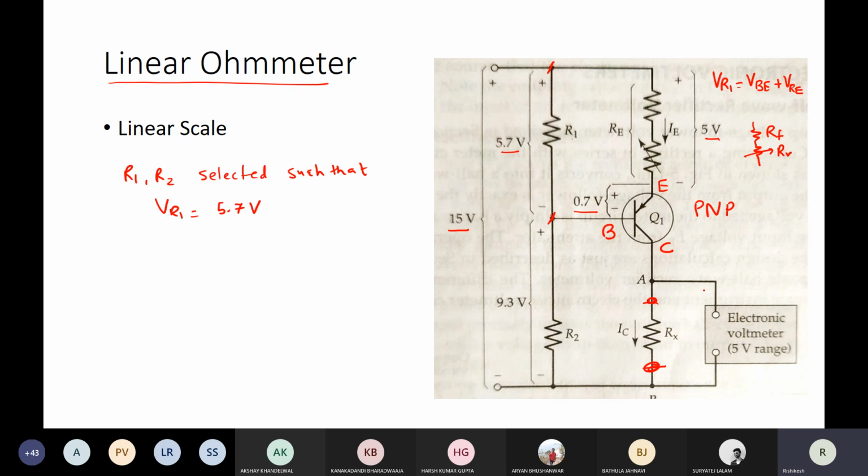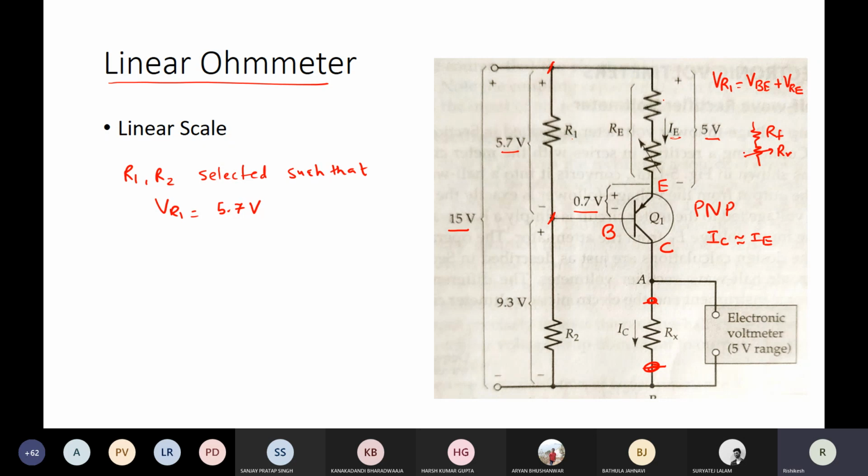Okay, now we also utilize the fact here that IC is almost equal to IE, which is true in the case of transistor circuits. Right, now since these resistances are chosen by us and the voltage is maintained at 5 volts here when the transistor is conducting, we know how much current IE is flowing.